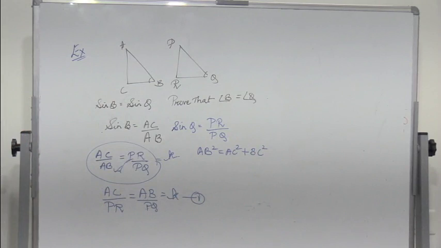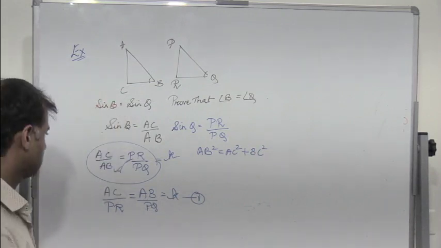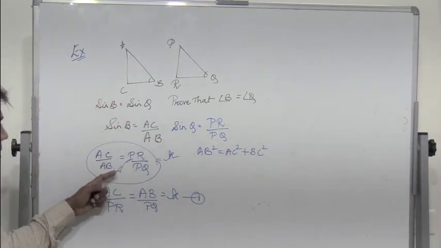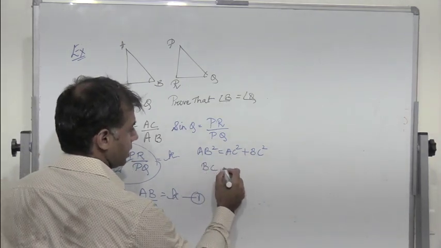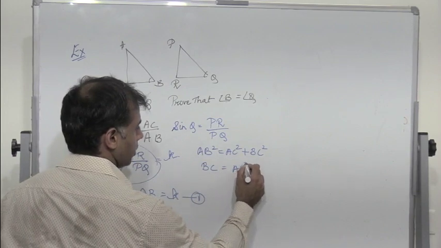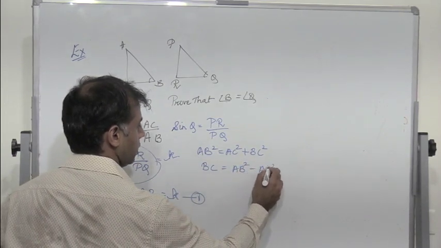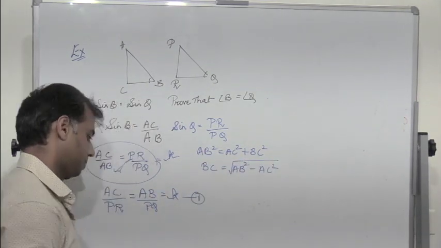Let us try to find what BC is, because BC is missing here. BC is nothing but AB square minus AC square, the whole under root.